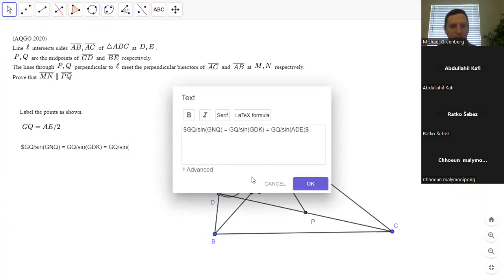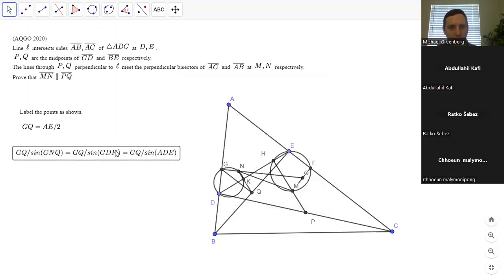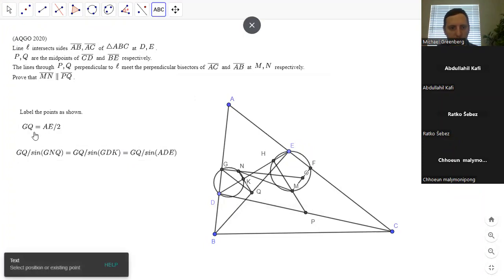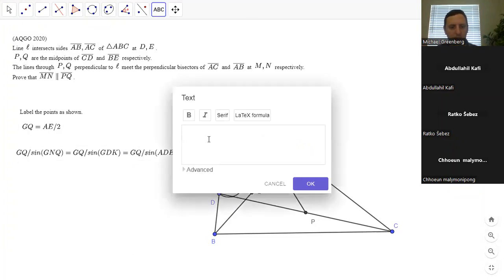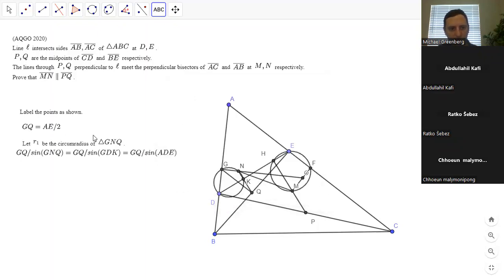Well, let me write it out like this. Let R1 be the radius of the circumcircle of GNQ. So this would be 4R1.